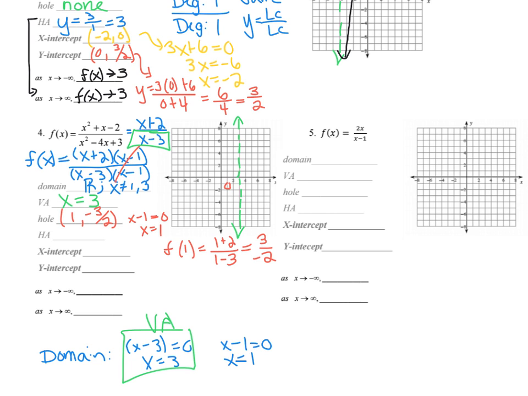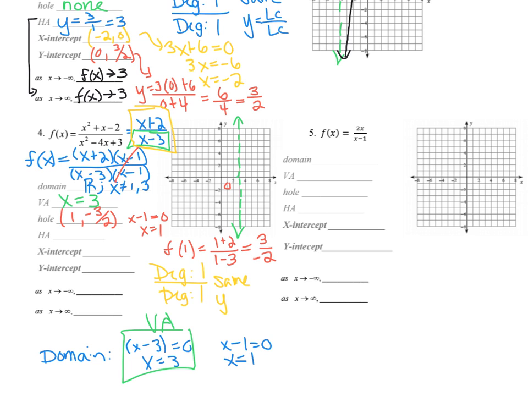Awesome. On to our horizontal asymptote. We have x plus 2 over x minus 3 is what's left. So we're going to use the entire simplified equation to check our degree. The degree on top is 1, and the degree on the bottom is 1. So this is another case where it's the same on the top and the bottom.